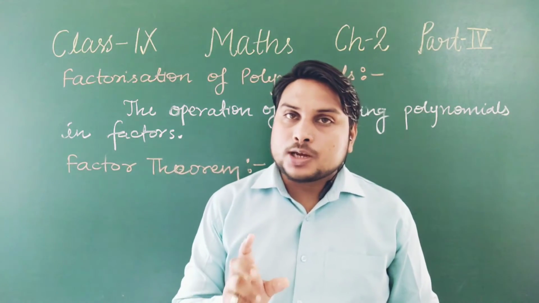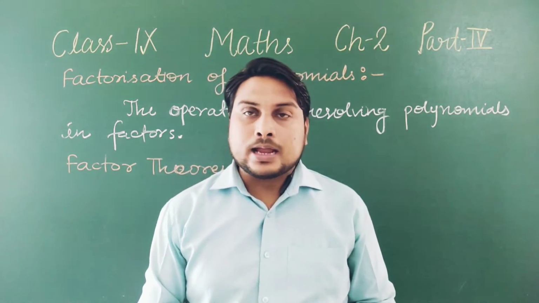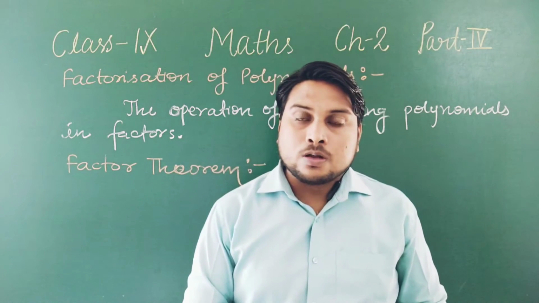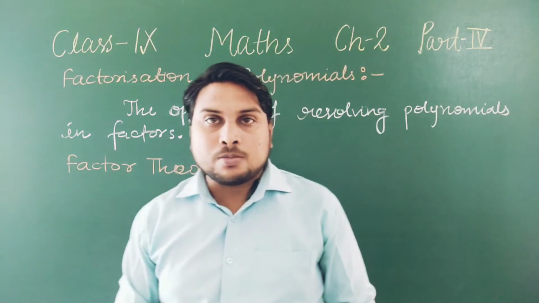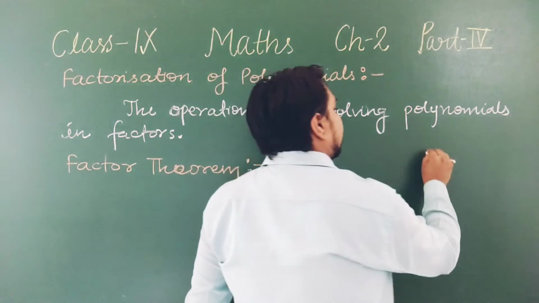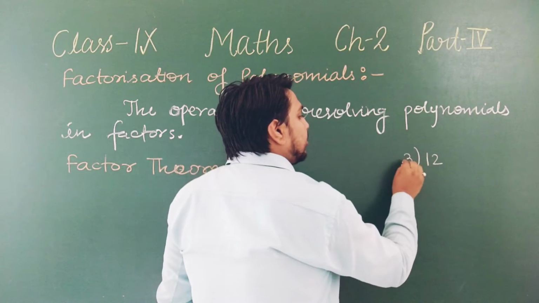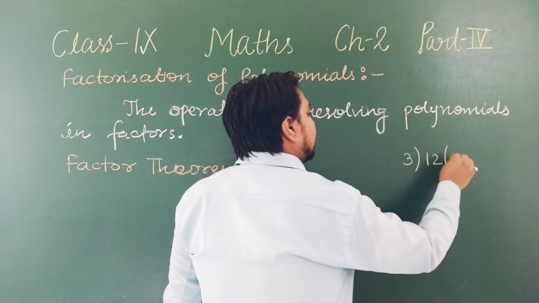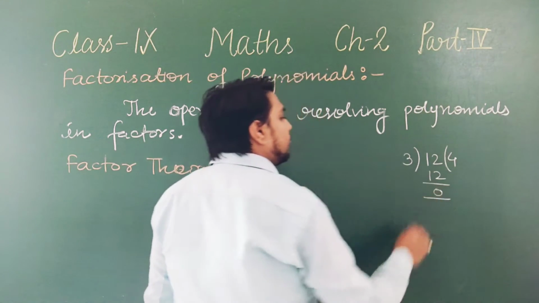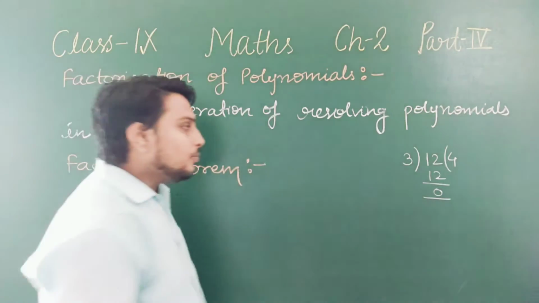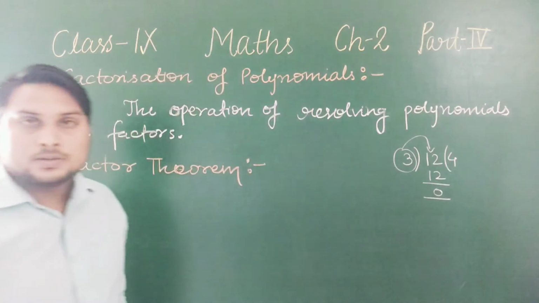In that question I told you, whenever you find the remainder, if the remainder comes 0, then the divisor will be the factor of the polynomial. I also gave you the example: if 12 is a number and 3 is another number, you divide 12 by 3. So 3 4s are 12 and the remainder comes out 0. So it means that 3 is a factor of 12.